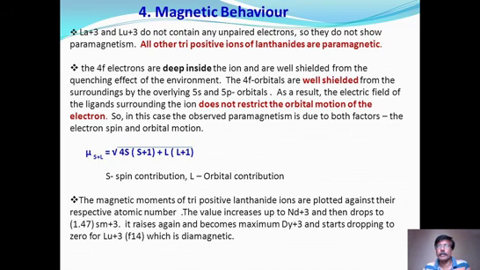Look at the next property, that is magnetic behavior. We already know that magnetism comes from unpaired electrons. If any element or molecule has an unpaired electron, then the tiny unpaired electron behaves like a bar magnet, because magnetism is generated when a charged particle is spinning in circular motion.